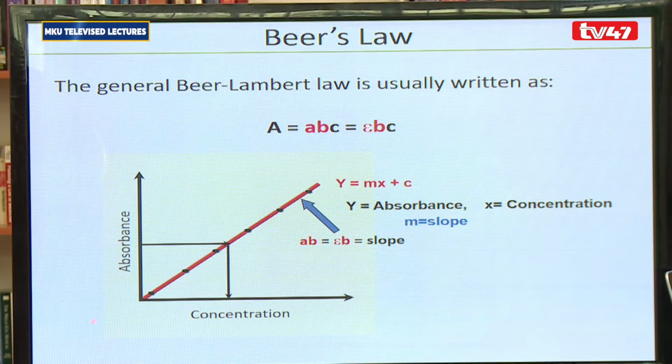Now, the slope of this Beer-Lambert plot is going to be equal to, because we are plotting absorbance against concentration, the slope can only be ab, absorptivity times the path length, or equal to the molar absorptivity times the path length. We will define the difference between absorptivity and molar absorptivity shortly.